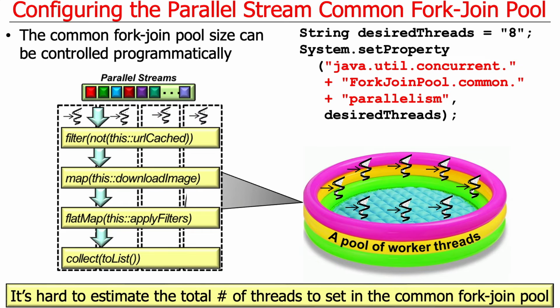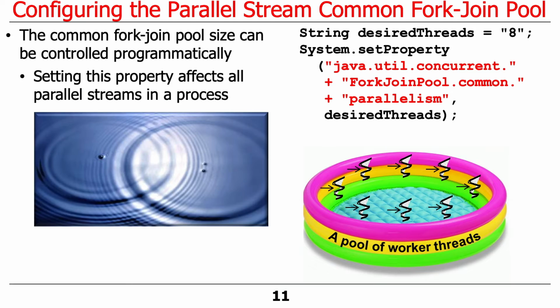As you probably recall, one way with parallel streams is simply to set this rather verbose system property, java.util.concurrent.ForkJoinPool.common.parallelism, to a larger value. You could set it to 8 or 10 or whatever the right amount is. The problem is it's rather hard to estimate the total number of threads to set. You'd have to know in advance how many images were going to be downloaded. Sometimes you would know that, sometimes you wouldn't.